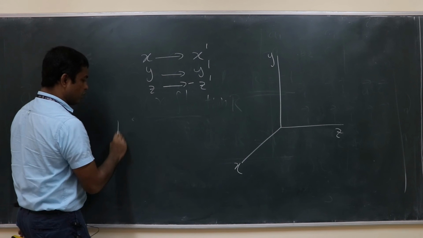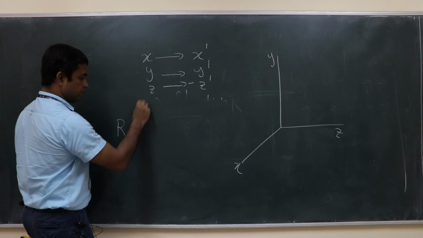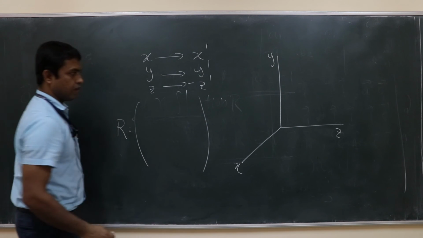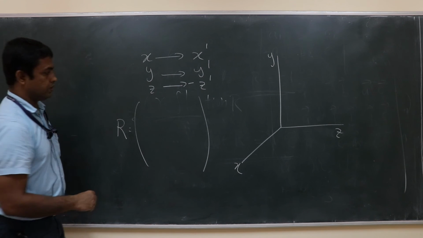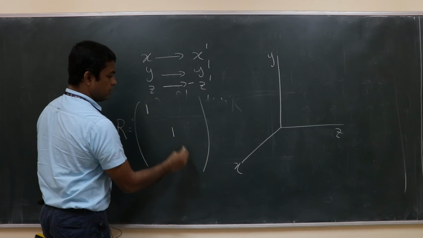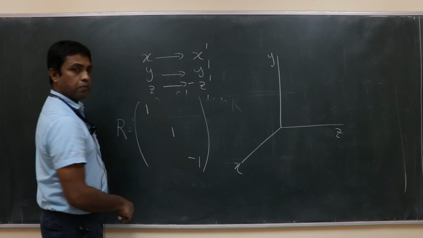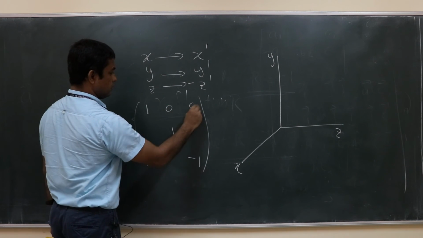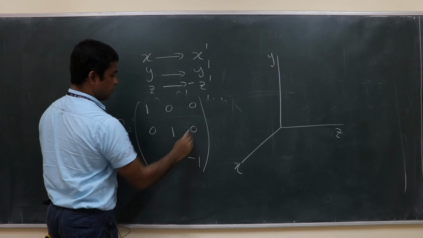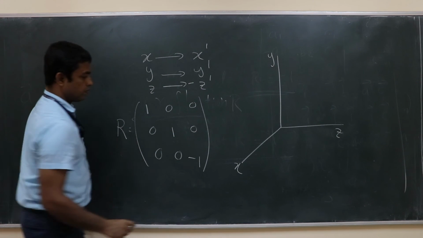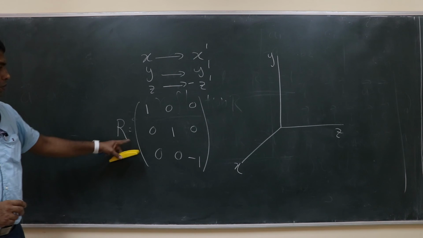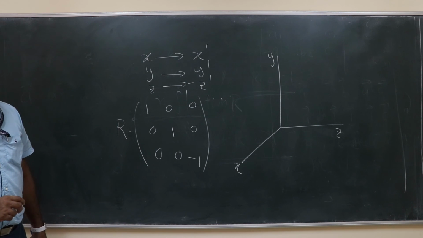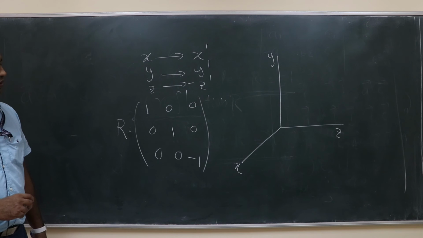So what will be the R matrix in that case? Under reflection, this will be 1, 1, and minus 1, right? So the determinant of this one is negative 1.